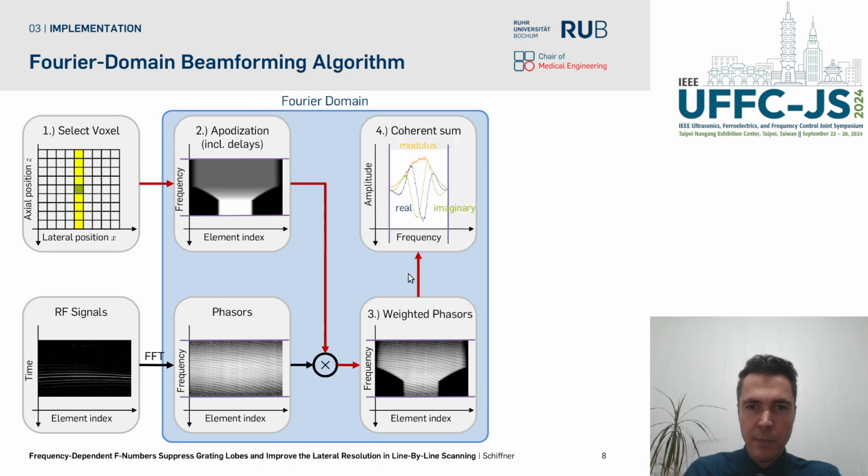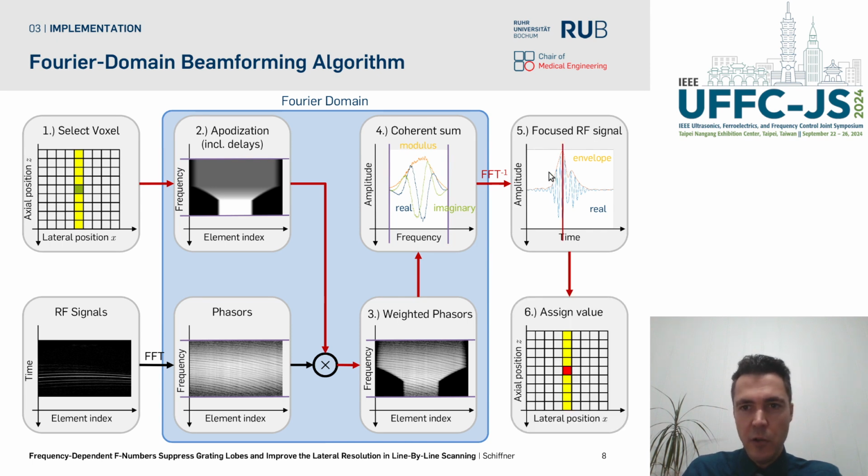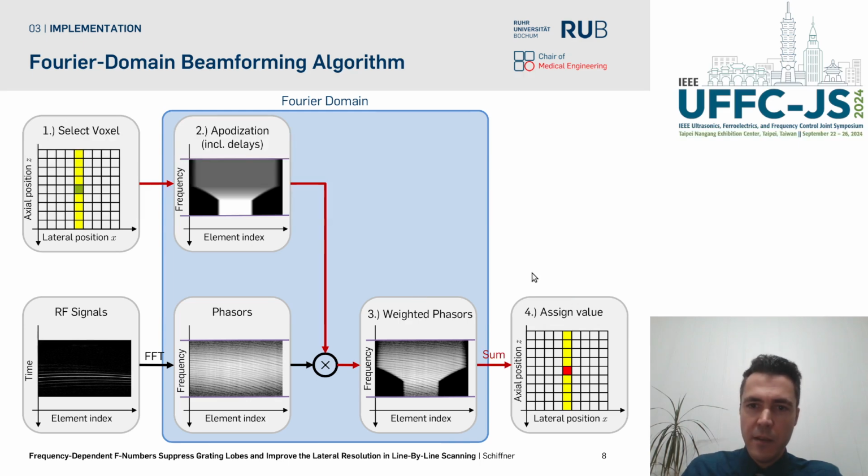A lateral summation then yields the focused signal in the Fourier domain. An inverse FFT then gives us the focused RF signal in the time domain. A specific sample of the envelope serves as voxel value. The last two steps can also be combined into a two-dimensional sum of the weighted phasors.